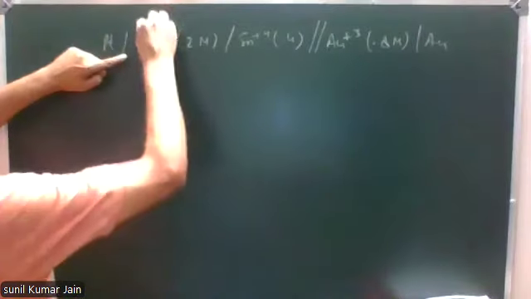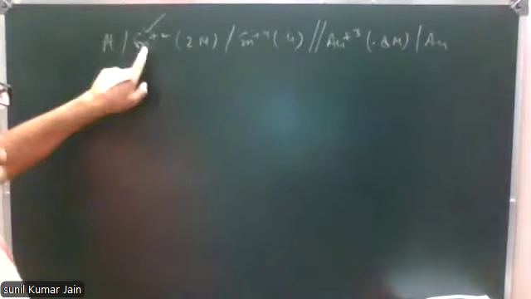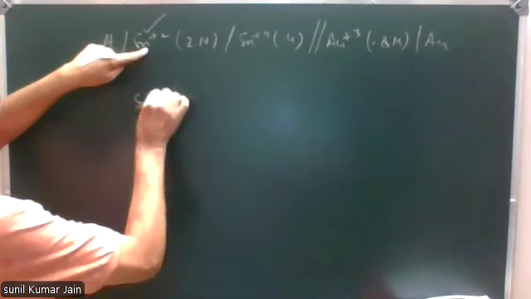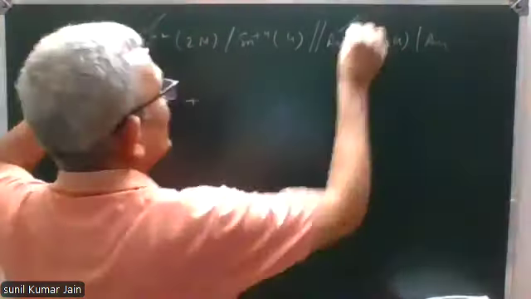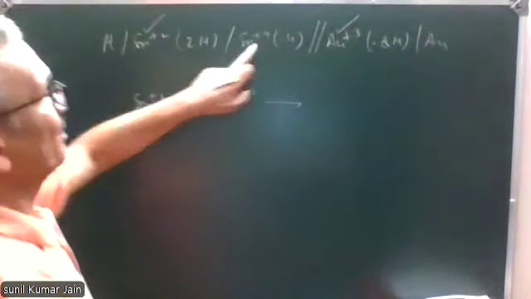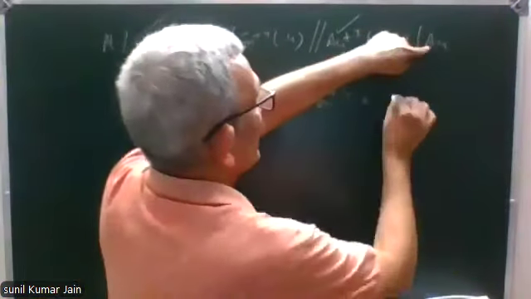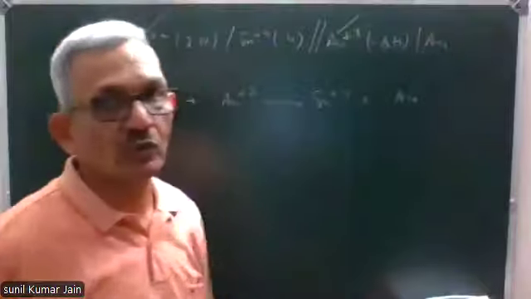Equation: platinum is again to provide surface for the reaction to take place. Reactants are Sn plus 2 and Au plus 3. Products are Sn plus 4 and Au, gold.